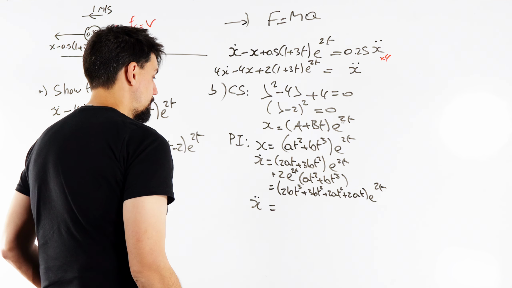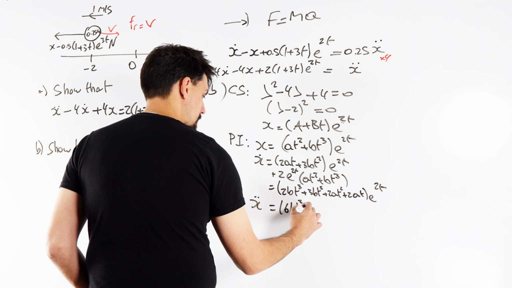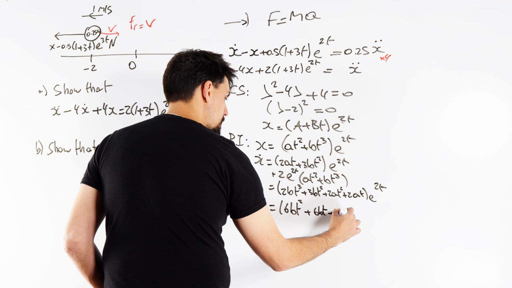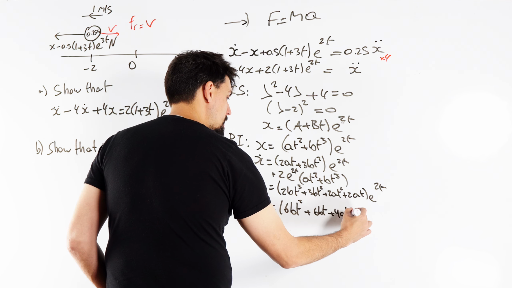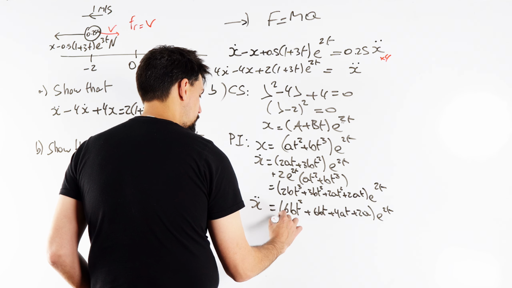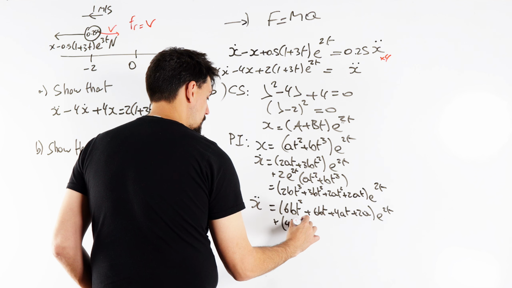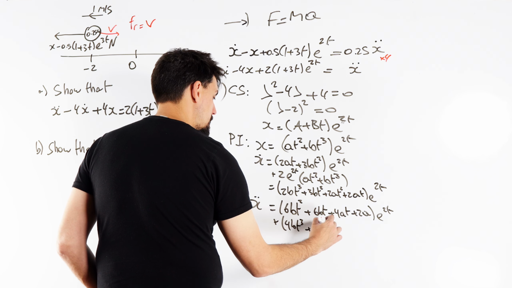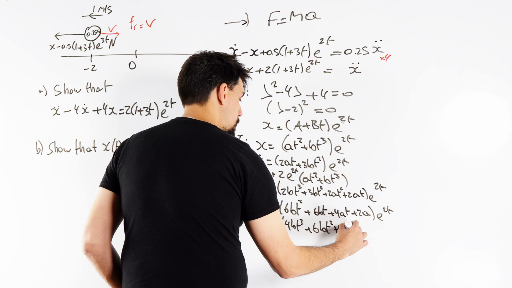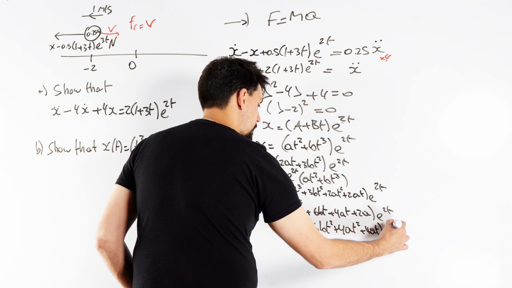Differentiate that again. Excellent: 6b t squared plus 6b t plus 4a t plus 2a, e to the 2t. Plus, we'll pull a 2 down: 4b t cubed plus 6b t squared plus 4a t squared plus 4a t.